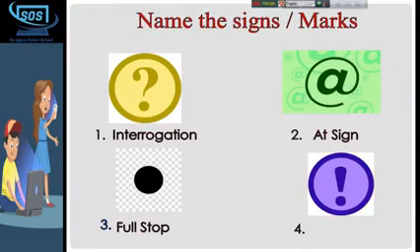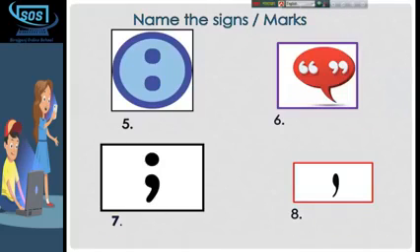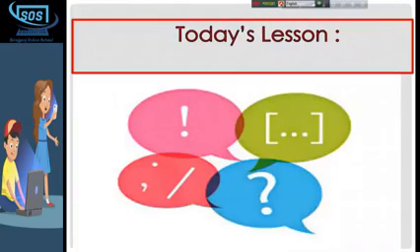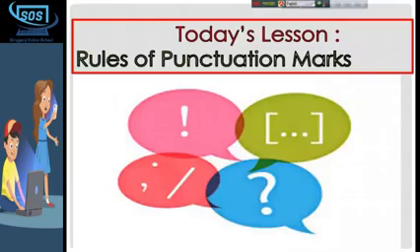Number 4, this is exclamation mark. Students, we see more signs or marks. Number 5, this is colon. Number 6, inverted commas. Number 7, semicolon. Number 8, comma.